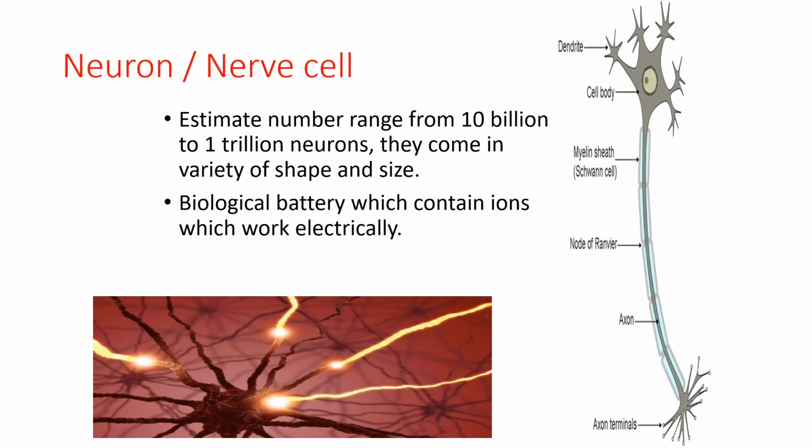So they act as biological battery which contains ion that works electrically. However, about 50,000 of neurons may die each day, and when they die, they are lost forever. However, there are also instances wherein neurons are replaced.